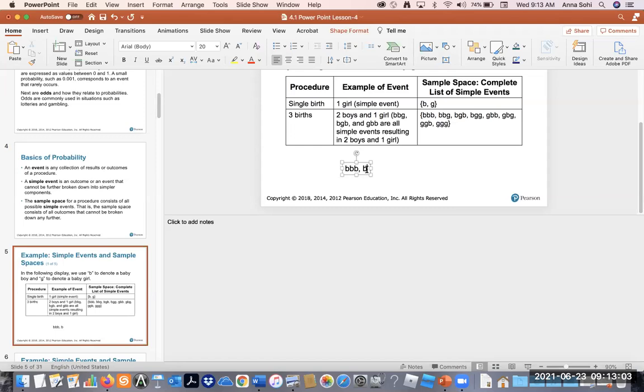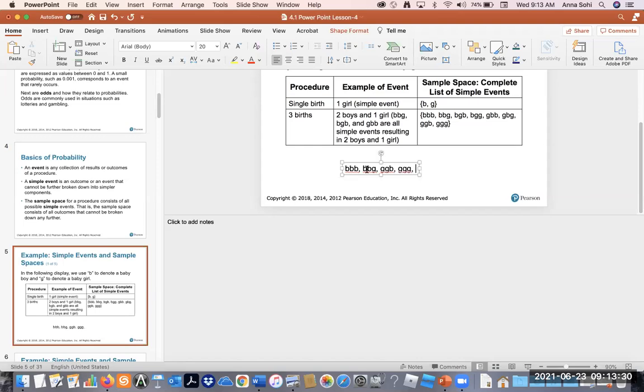Or you could say boy, boy, and the third one to be girl. So you're done with the cases that the first two are boys. Now let's say the case that the first two are girls. So you would say girl, girl, the third one could be a boy, girl, girl, the third one could be a girl. So that's four cases.